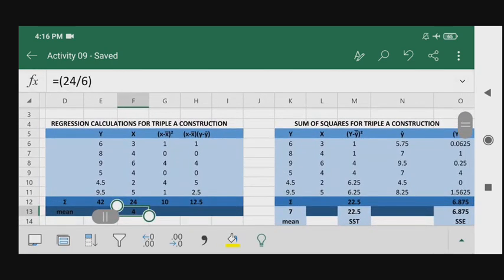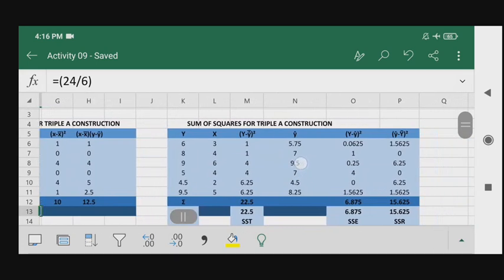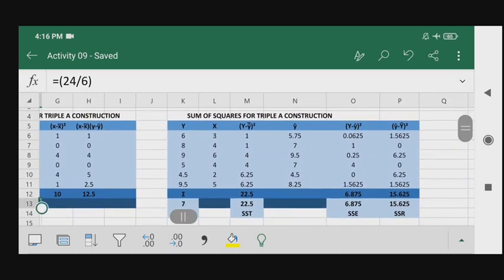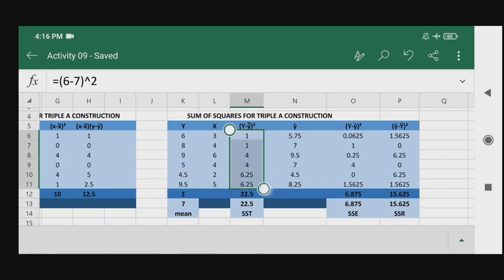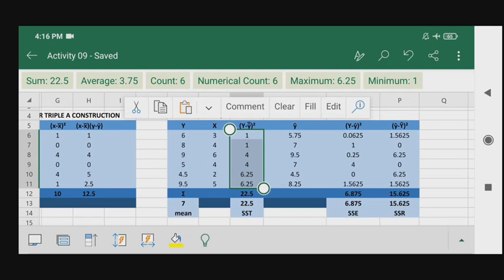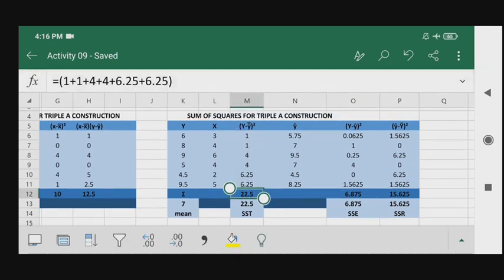So now let's proceed to the sum of squares for triple A construction. We already have the mean of y, which is 7, and we need to get the sum of square total. All we need to do is add all of these, and it is equals to 22.5.